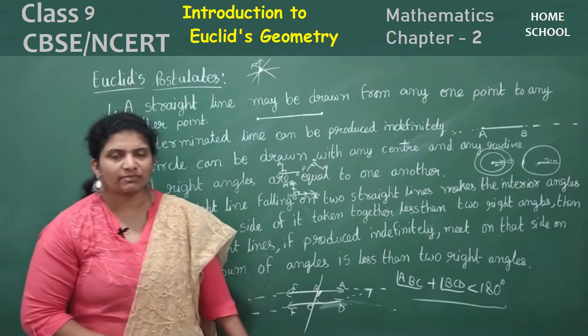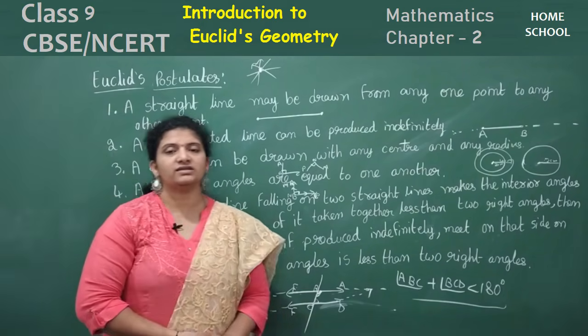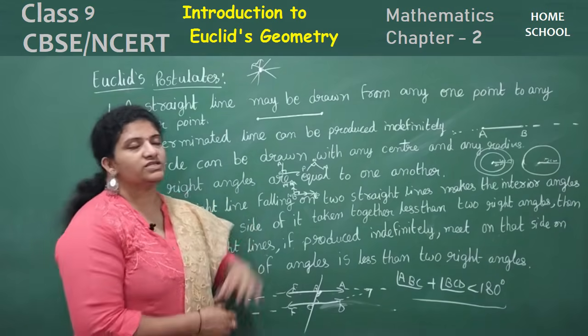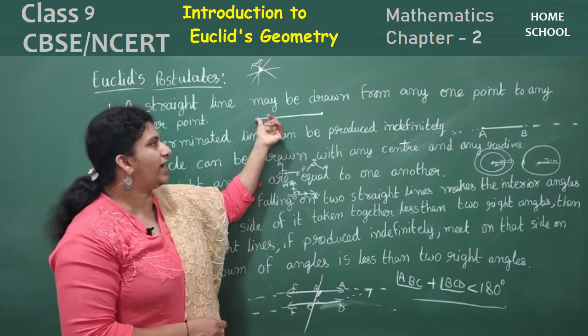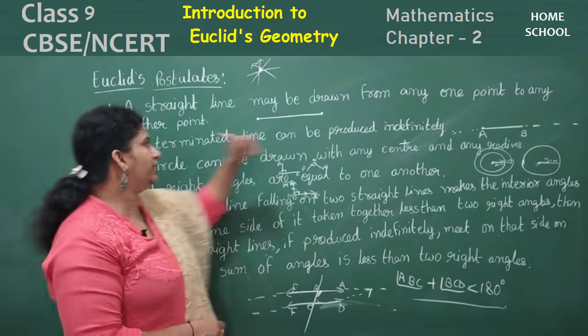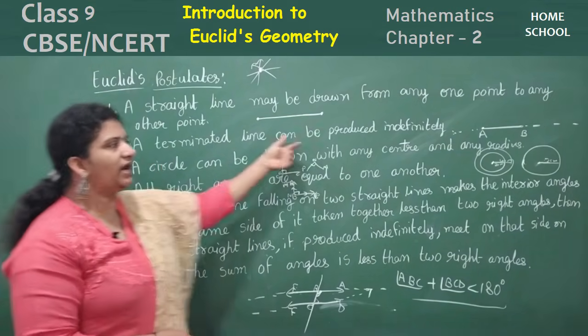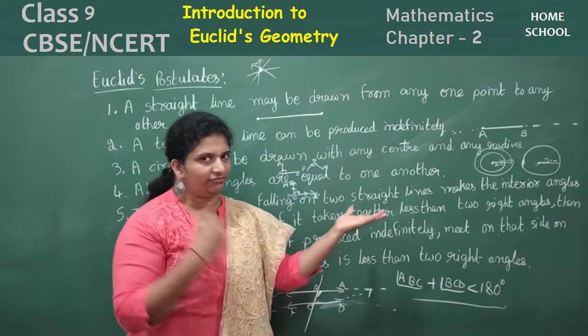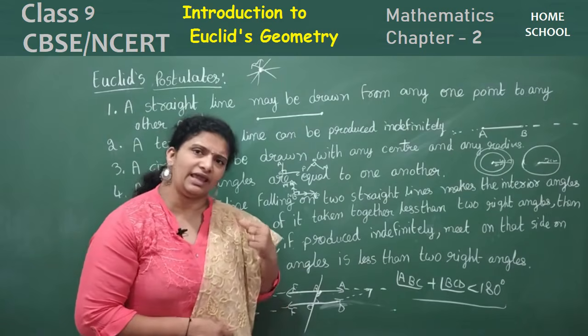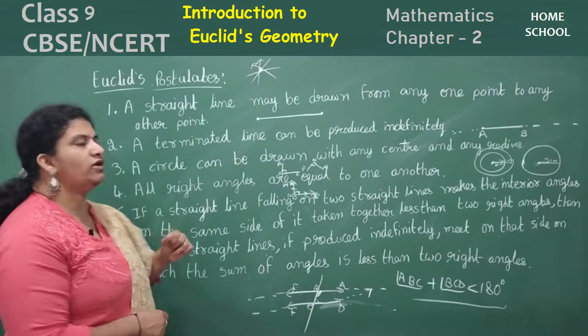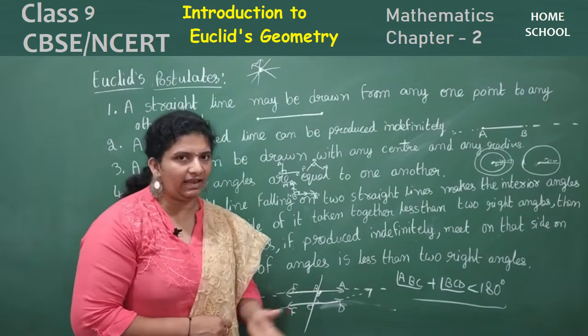Once again, one last time I'm going to repeat all the postulates here. Listen carefully. What's your first postulate here? A straight line may be drawn from any one point to another point. A terminated line can be produced indefinitely. Third one, a circle can be drawn with any center and any radius. Fourth one, all right angles are equal to one another.